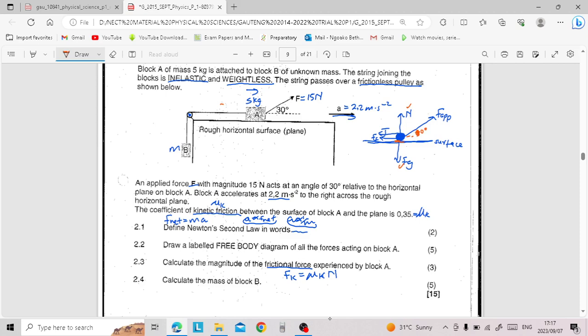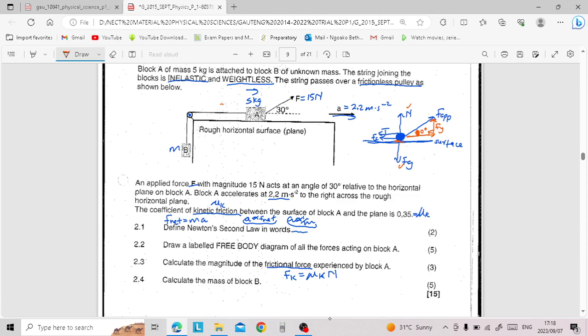So we convert it into a vertical component and a horizontal component, which meet at 90 degrees. So all in all we have three vertical forces: the normal force, Fg and the vertical component of the applied force, Fy.